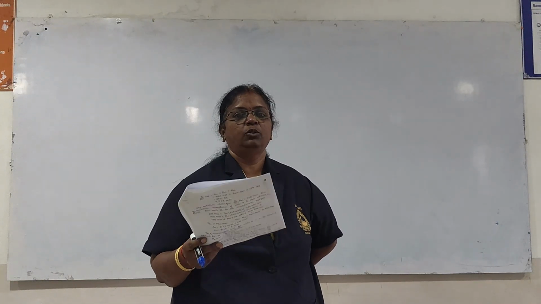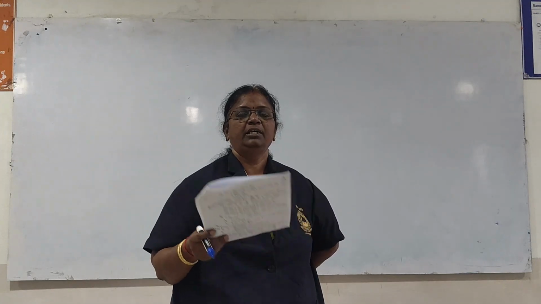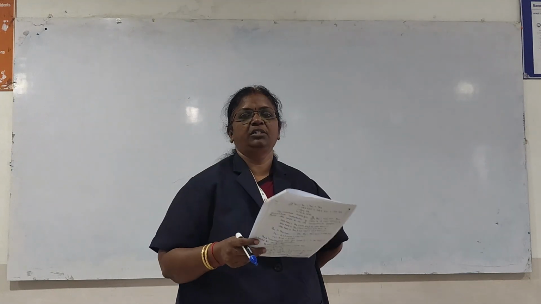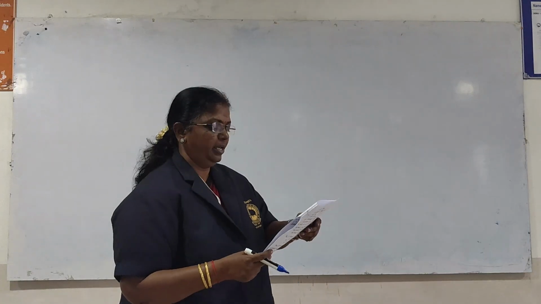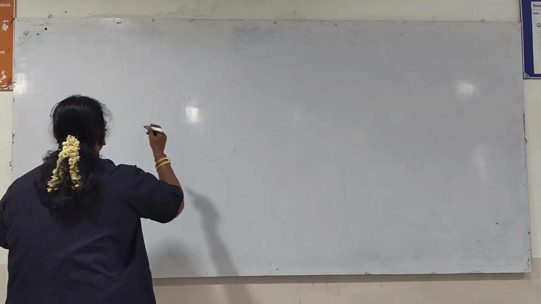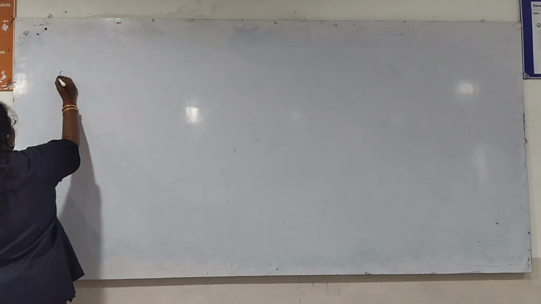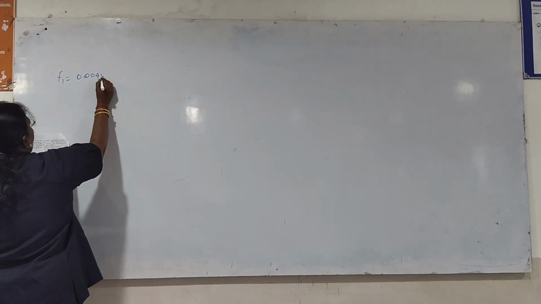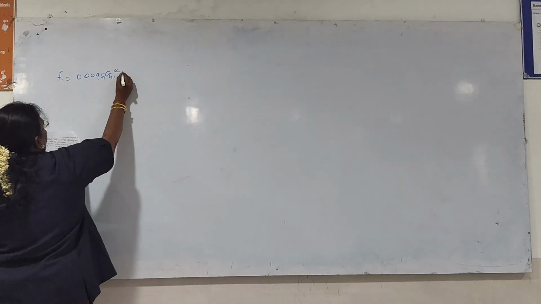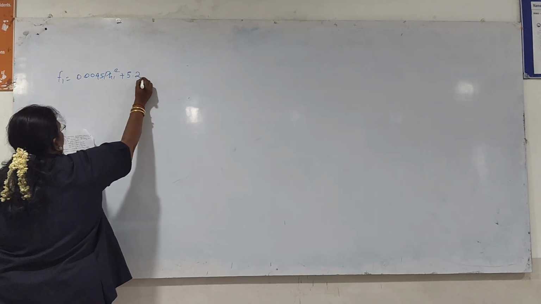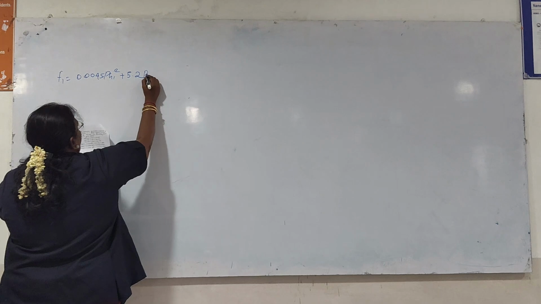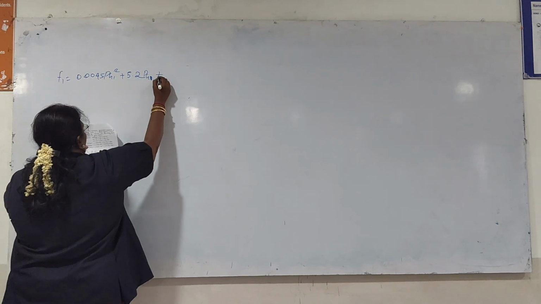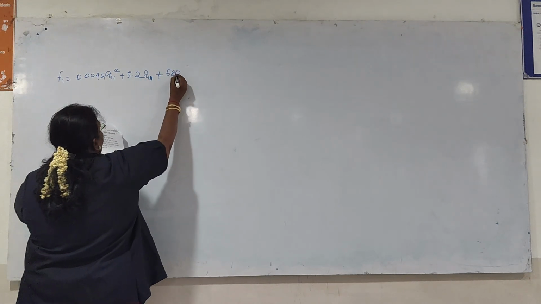Okay. So let me write the cost equation, then the operating limits, then using the formula we will proceed further. First F1 is 0.0045 Pg1 square plus 5.2 Pg1 plus 580.